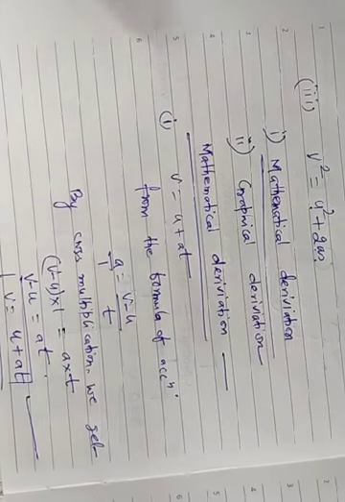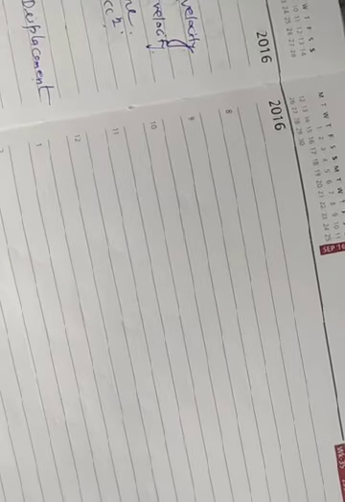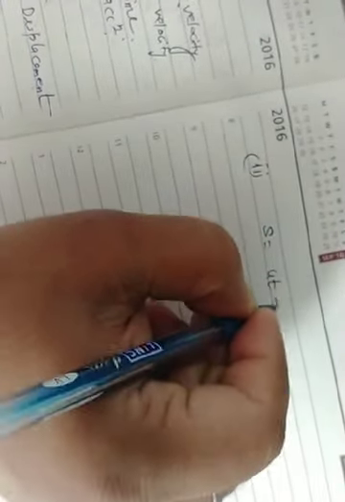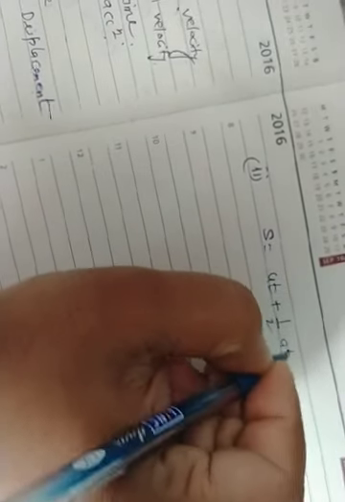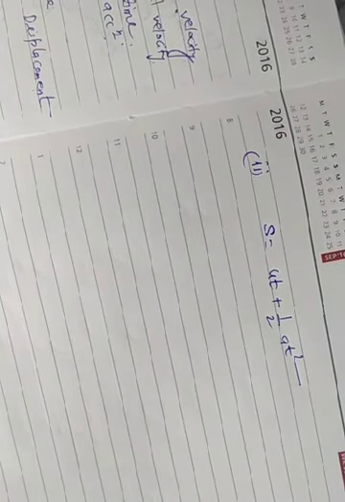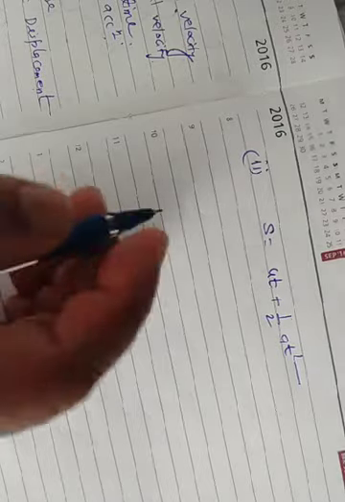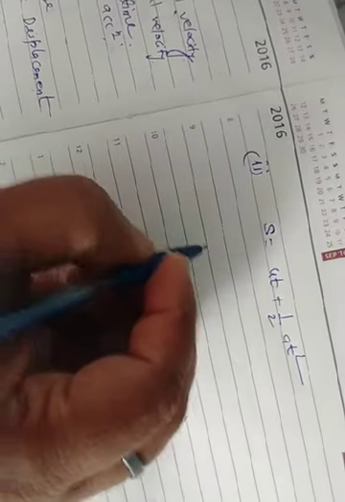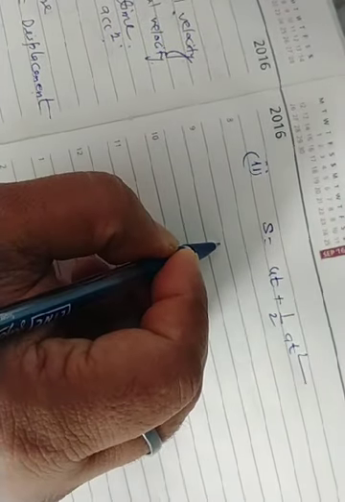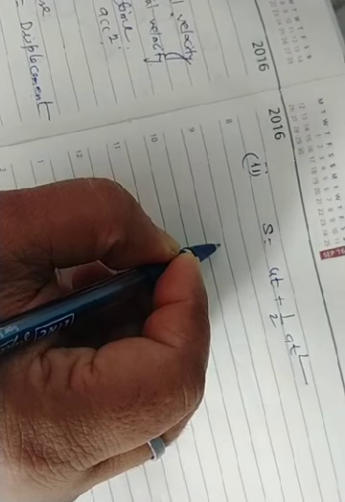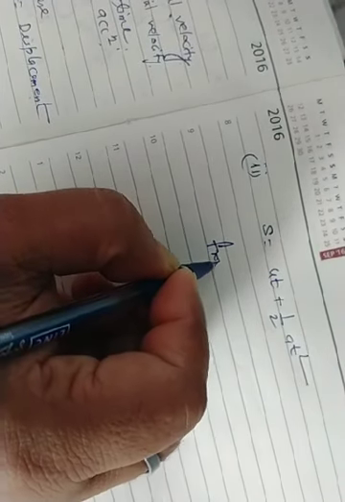Alright, now students, the second derivation, let's see. What is the second derivation? s equal to ut plus half at square. Now students, how can we derive?